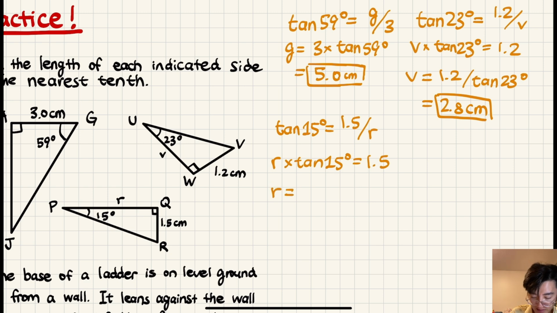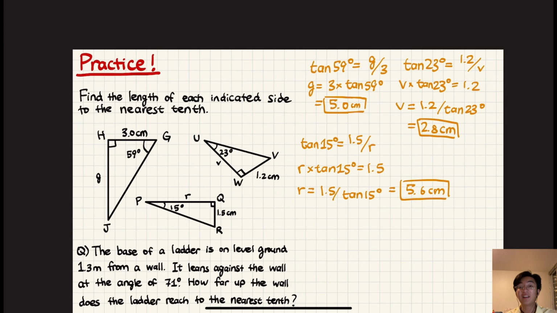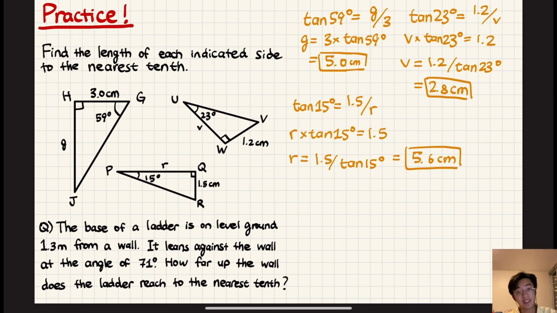Divide everything by tangent of 15 degrees to isolate r, which gets us 5.6 centimeters. So all the questions are about the same. We figure out the tangent and then isolate for the side we want to know.